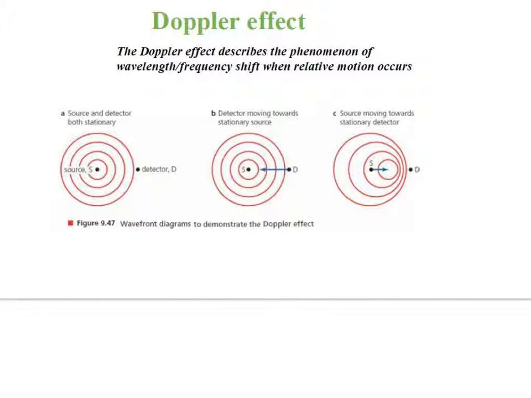So when we have a source that's emitting some kind of a wave and a detector D, and there is relative motion, as in case B, where the detector is moving towards the source that's making the noise, for example, if you're walking towards an alarm or a siren, and C, a source which is making sound, which is moving towards a stationary detector. So that could be you on the street and an ambulance drives past you.